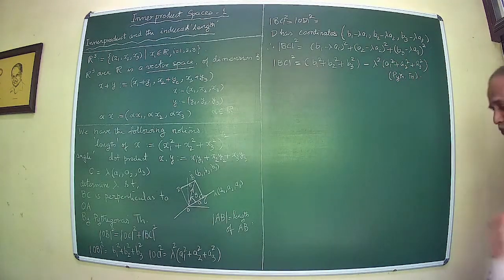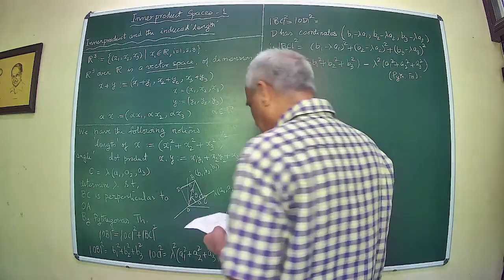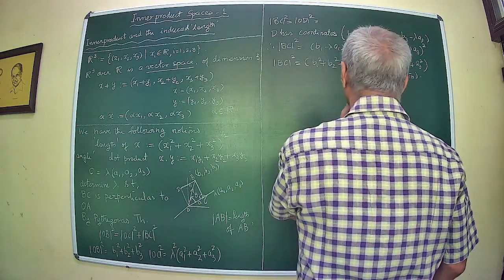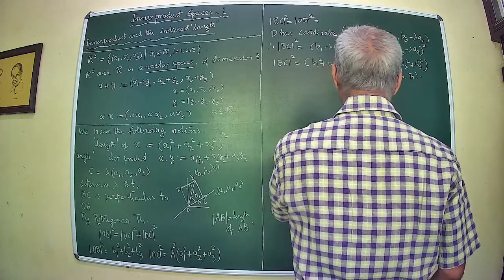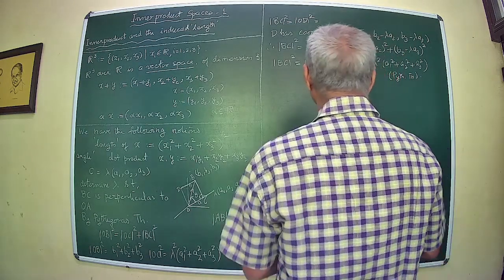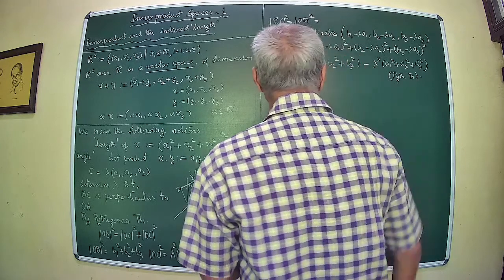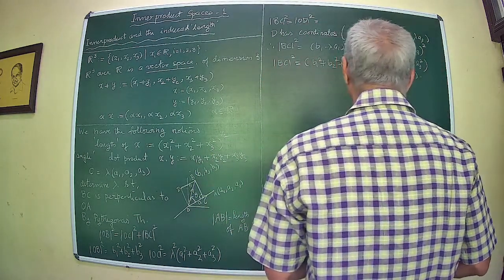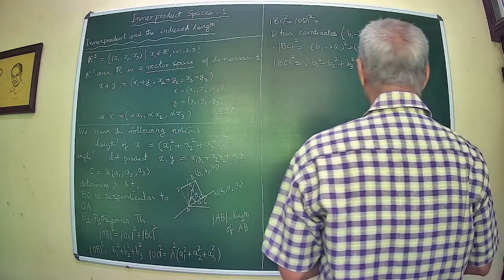Now compute this. If you compute this, then what happens? You equate these two. When you equate these two, you see that the two things cancel.